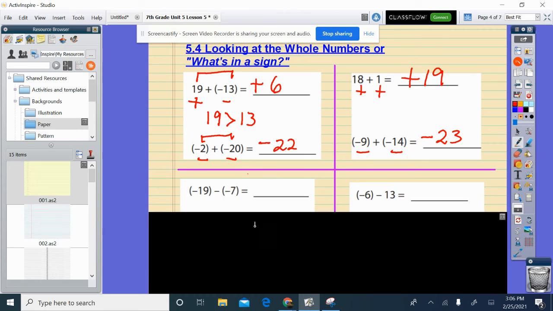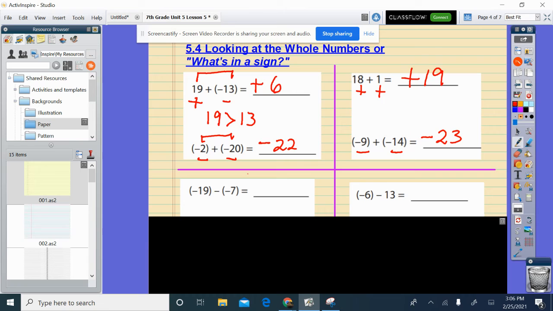So let's take on some more complicated problems now. Here we have a negative, and we are subtracting a negative. The rule says that when you subtract a negative, it's like adding a positive. So this would be a negative, and this will become a positive, which is negative 19 plus 7.